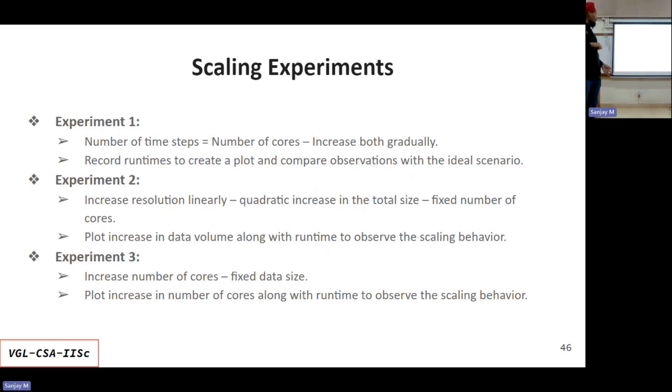Again, we do another experiment where we increase the resolution of data, which increases the volume of data, and we see how the run times change if we have a fixed number of cores computing all that. We do another experiment where we flip that around. We keep the data size fixed and we increase the number of cores to see how that affects the computational time.